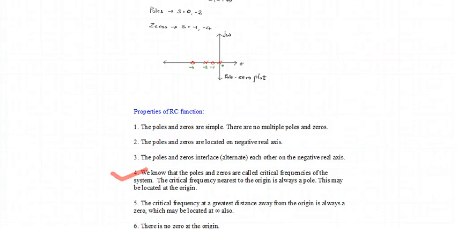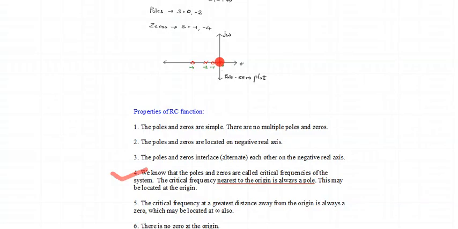Remember, this is a very important characteristic of RC function, that the critical frequency which is closest to the origin is always the pole. Remember, this is a very distinguishing characteristic of an RC function. The one which is closest to origin is always the pole in RC function, and the one which is away from the origin is always the zero.